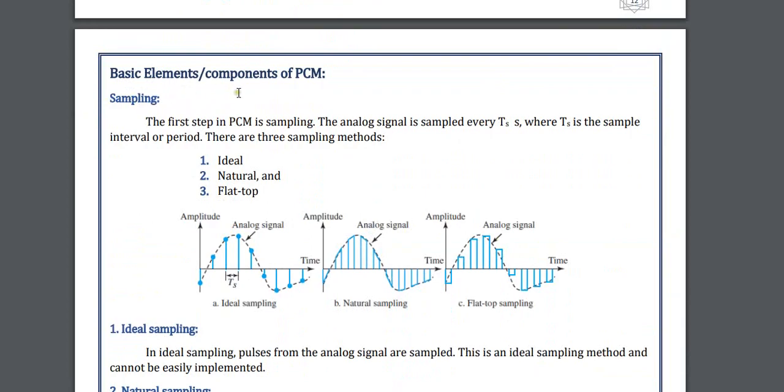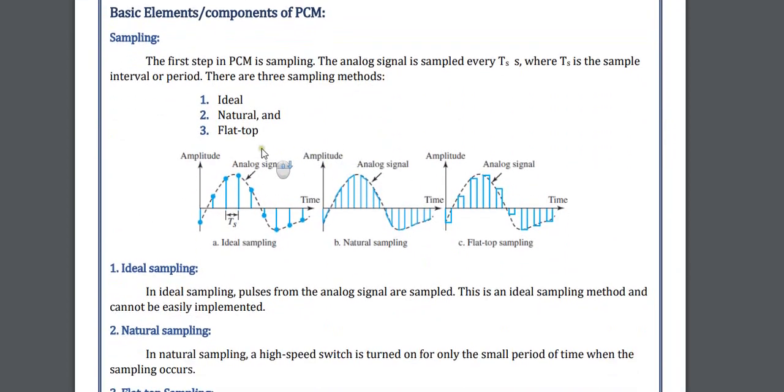The basic components of PCM. Here we have ideal, natural, and flat-top sampling. First is ideal sampling, whose diagram looks like this.